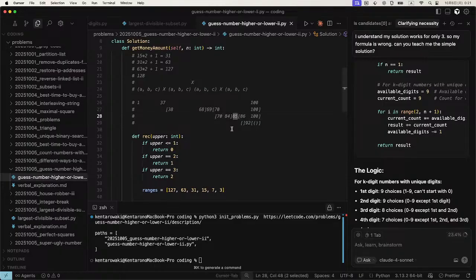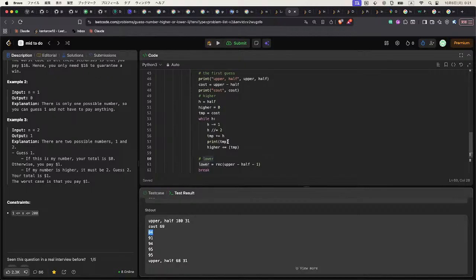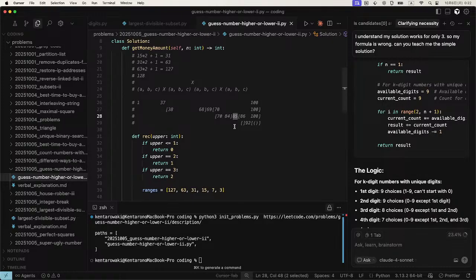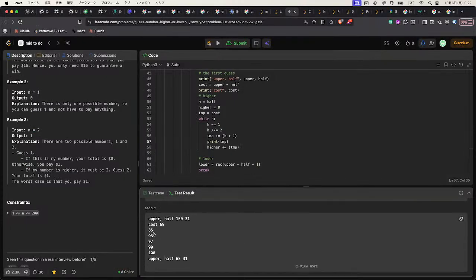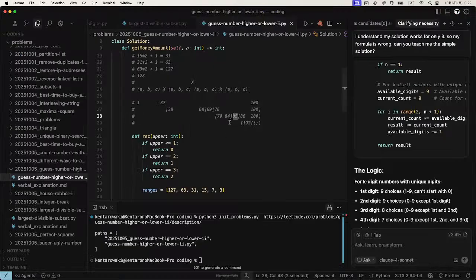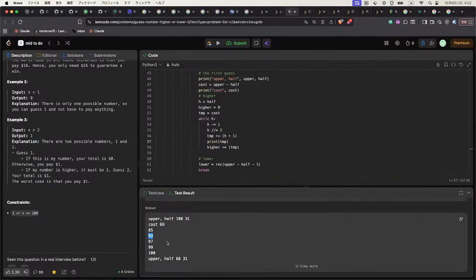The next cost would be, oh my gosh, 85 and 92. Oh, why? Plus 1. Oh yeah, 19.3 is good.